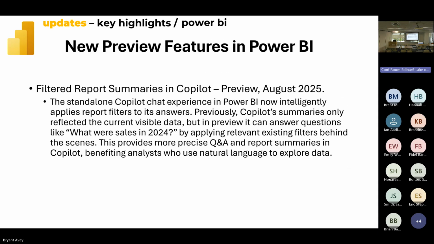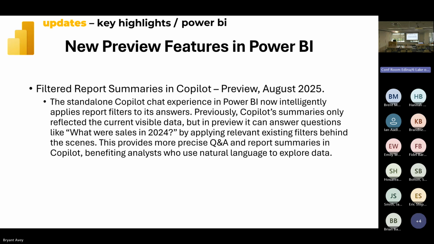New features. So a couple of new preview items have come up. First one, this one's kind of cool. I have not tried this out yet, so if anybody has, let me know. But basically, there's an ability now with Copilot in your report. If you ask Copilot a question about your report, it used to only be able to see what was visible on your screen.